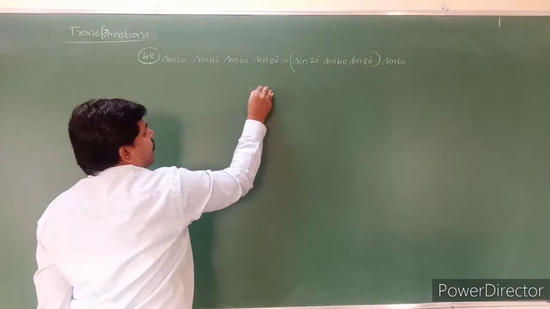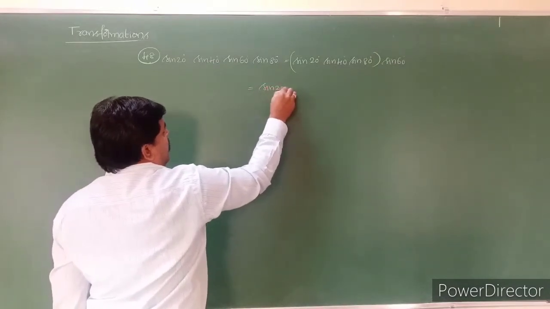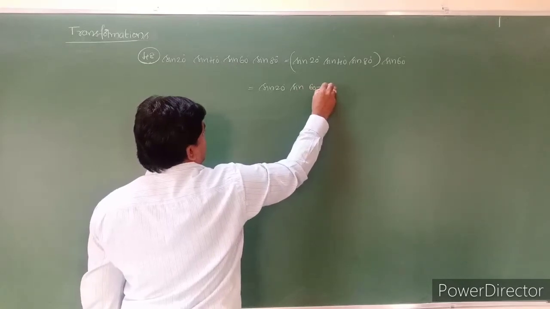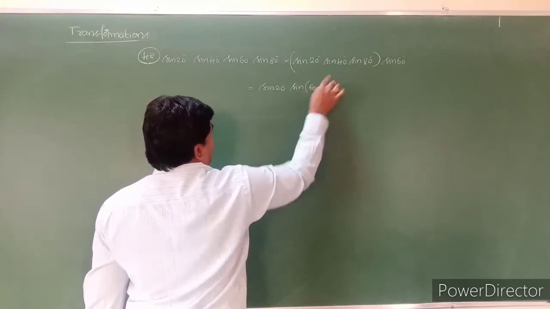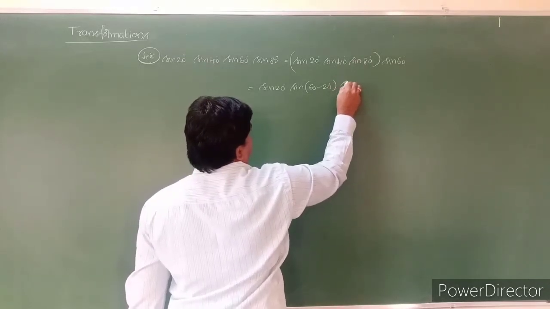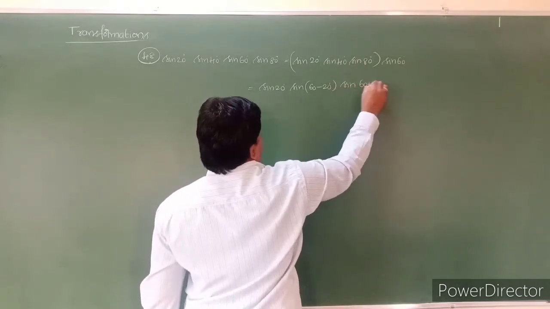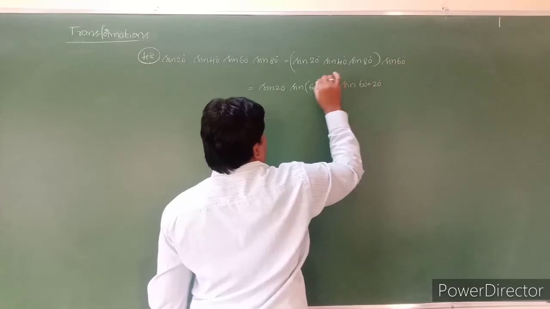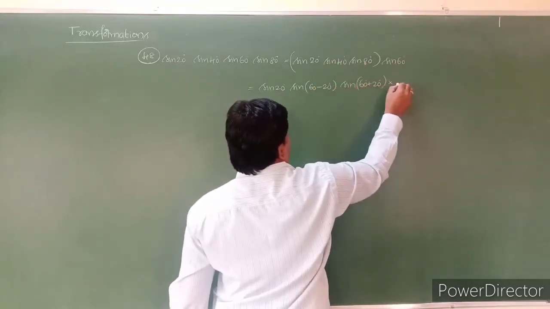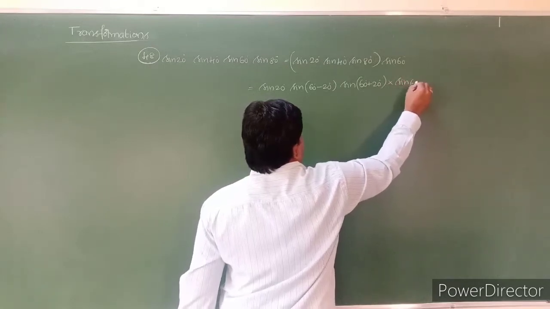It is in the form of sine 20, sine of 60 minus 20, because 40 can be written as 60 minus 20, and sine 80 is in the form of sine of 60 plus 20, into sine 60 degrees.